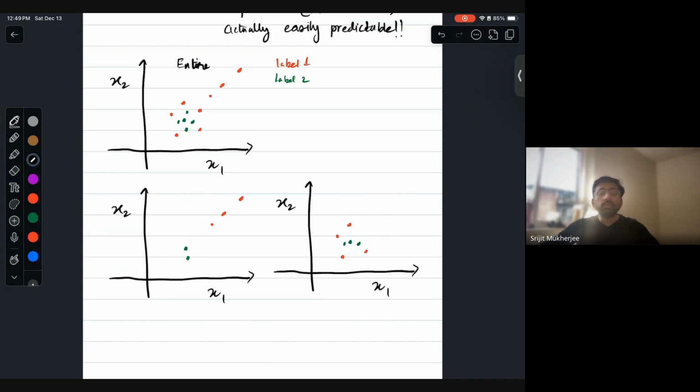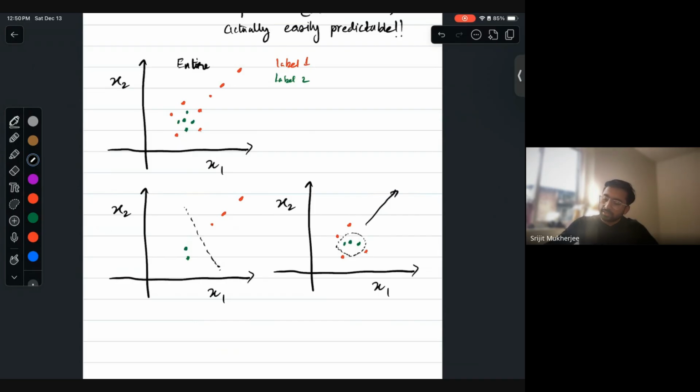You can see both are two different functions altogether. This one is easier to predict, but this is not, because you need a circular boundary here. You need an easier boundary here, but here you need an intricate boundary, right?